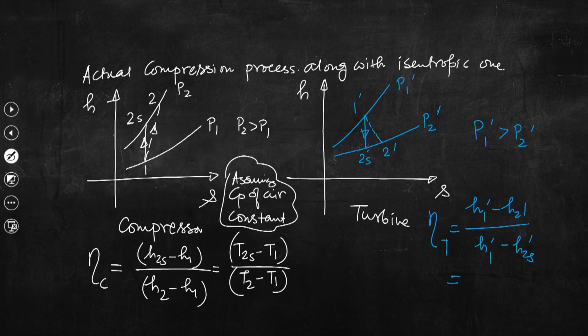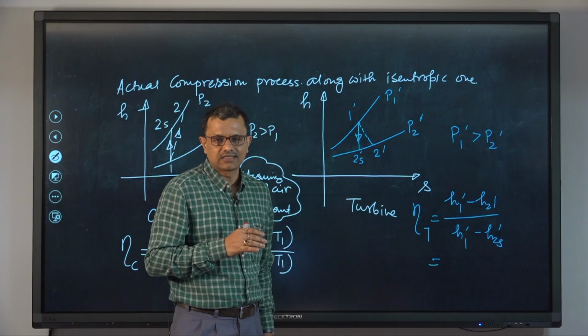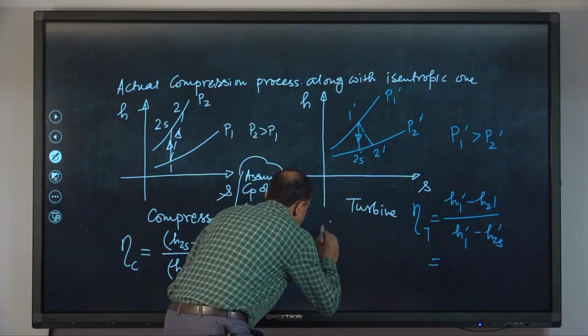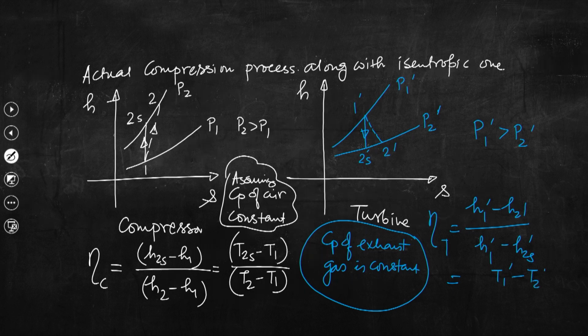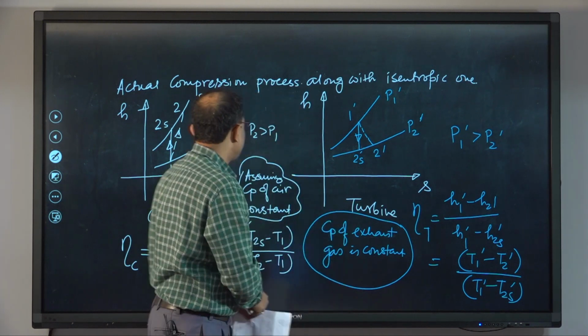So, again if we consider that Cp of exhaust gas is constant, because the turbine handles exhaust gases, then we can also write this is equal to T1 prime minus T2 prime divided by T1 prime minus T2S prime. So, these two are very important because we will be using these two expressions to solve the problem further.